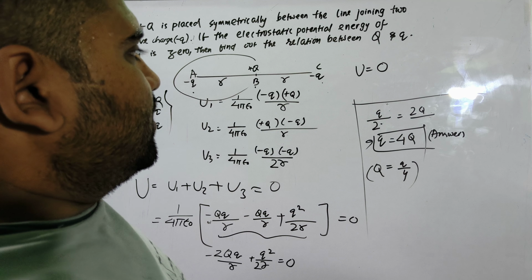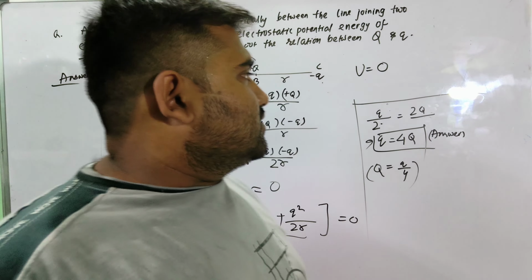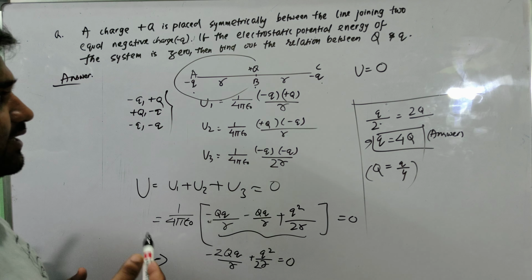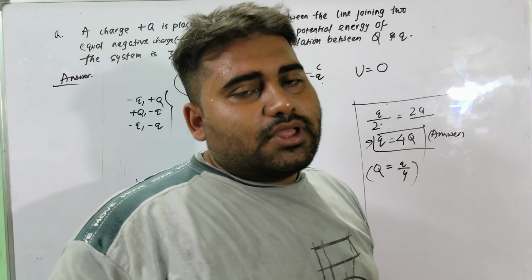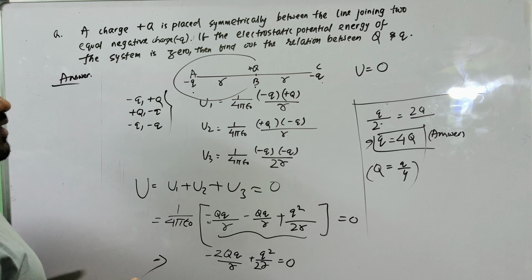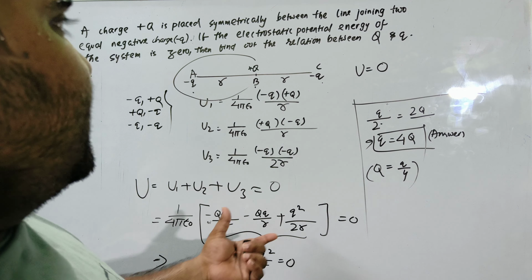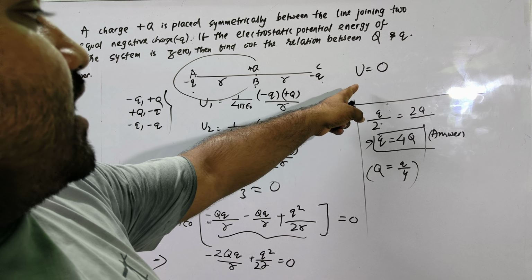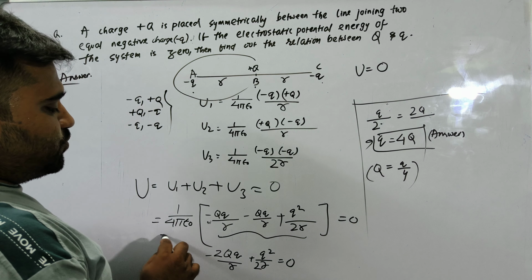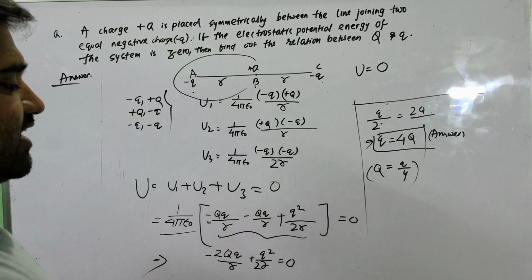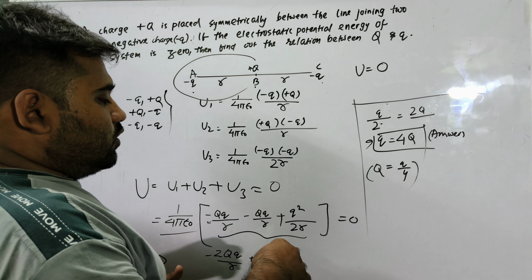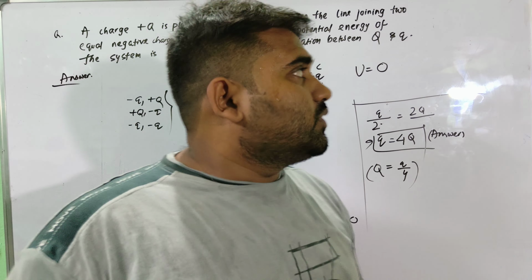So we calculate the electrostatic potential energy for those pairs individually, and after that we add them, and we find the answer. If the condition has not been given, we have to stop at this point. As the relation is given that it is 0, we could proceed further.